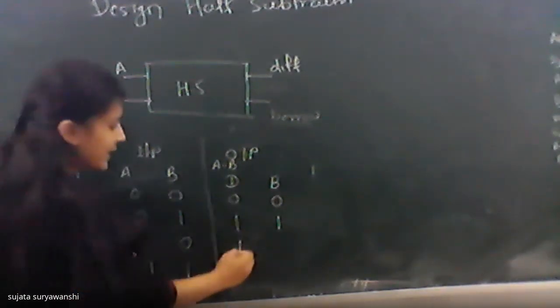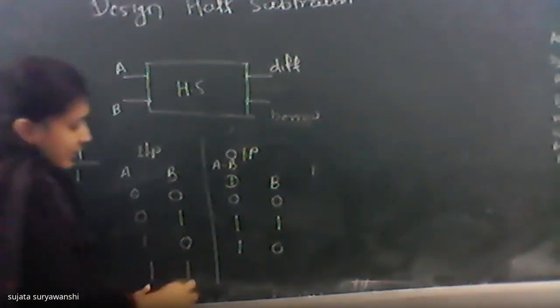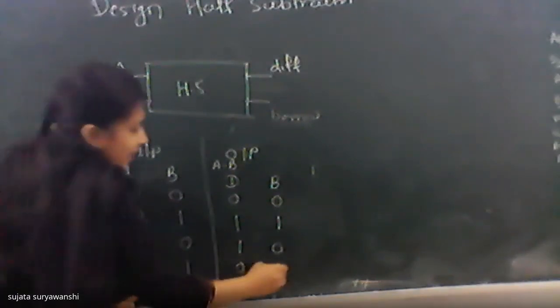For the next combination, if you subtract 0 from 1, difference will be 1 and borrow is 0. Now, next one is 1 minus 1. 1 minus 1, difference is 0 and no need to consider borrow. So, borrow is also 0.